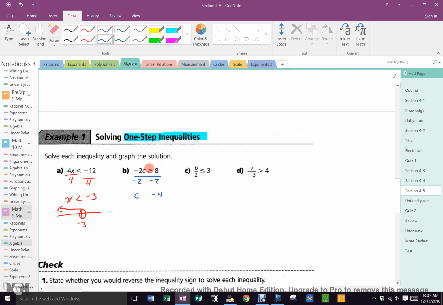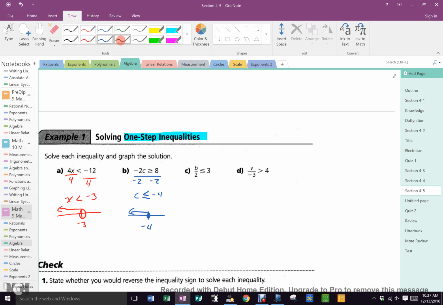It changes. Why? Because we divided by a negative. So the sign has to change. Graph it. Negative 4. Closed dot. Follow the arrow. Any questions?